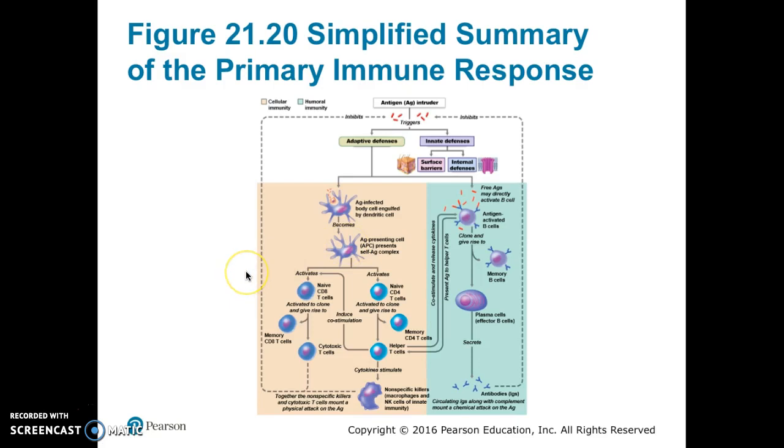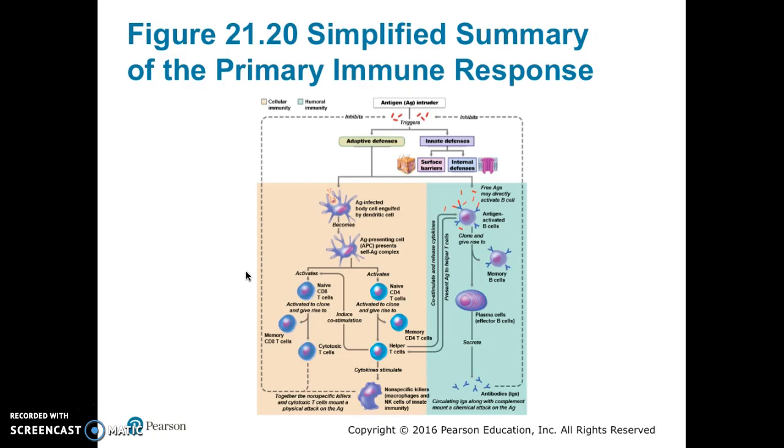This APC presenting the self-antigen activates naive CD8 T cells and naive CD4 T cells. The CD4 T cells are activated and clone into memory CD4 T cells and helper T cells. Helper T cells co-stimulate the naive CD8 T cells and give rise to memory and cytotoxic T cells.